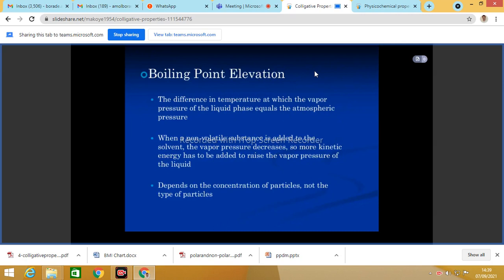You will notice that this time, with the presence of 20 molecules, the constant coming of vapors begins at 102 degrees Celsius. Now what you have noticed is that the solvent is the same, water only, but its boiling point got raised by 2 degrees Celsius.